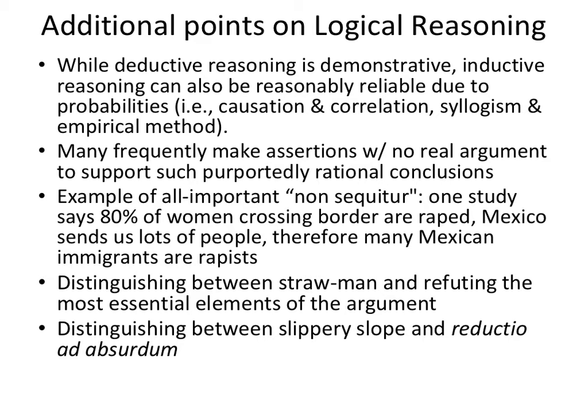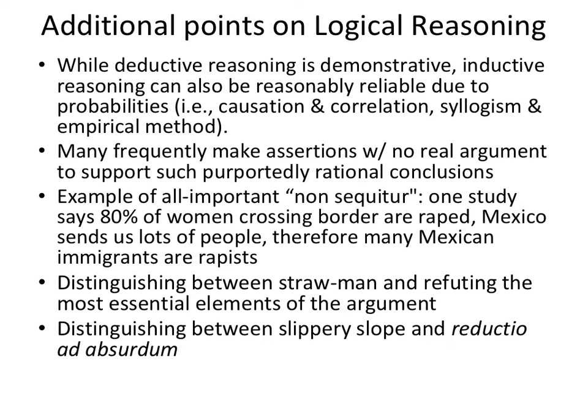So the fact that 80% of the people coming in, well, let's say 80% of the women crossing the border are raped, if that's a fact, doesn't mean that they're being raped by Mexicans. They're being raped by other people. All right. So that's just an example of a non sequitur that we commit all the time. We do that a lot.